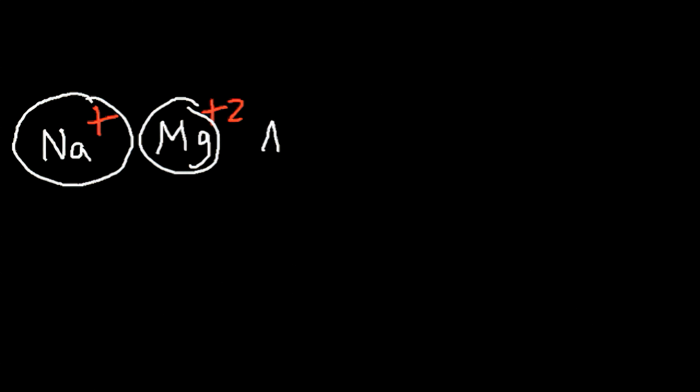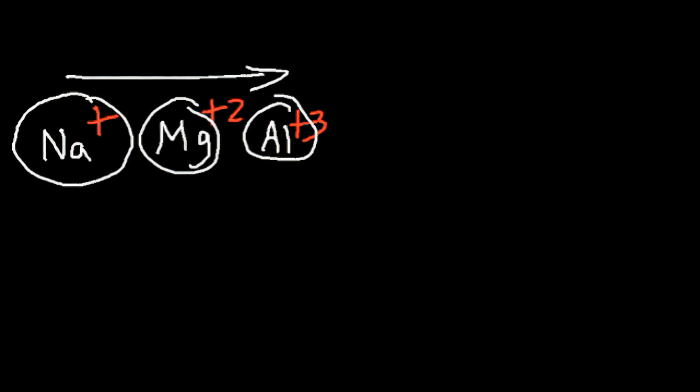And aluminum, which has a +3 charge, is even smaller than magnesium. So as you can see, as the charge increases, the size of the ion decreases. And as you travel to the right, it decreases, but ionic radii increases towards the left.